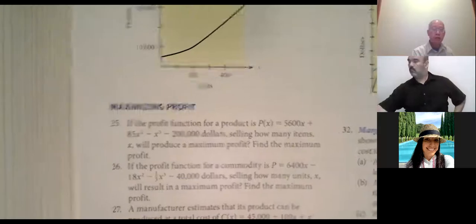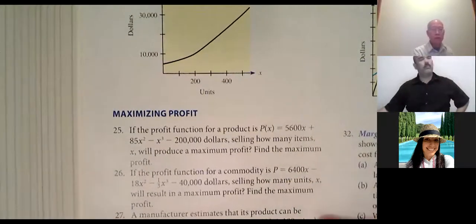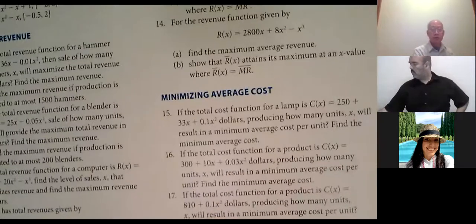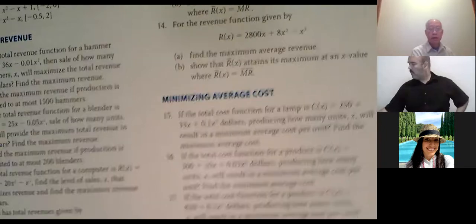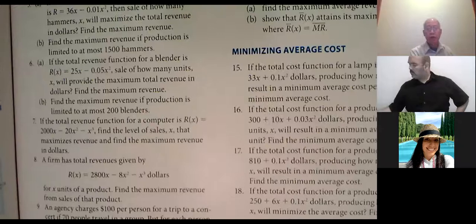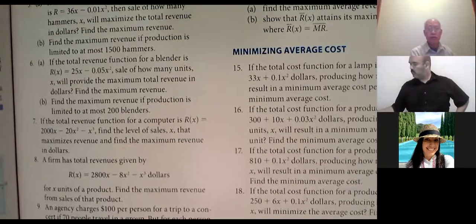So what do you normally want to maximize? Well, profit, revenue. You want to minimize cost or minimize average cost, right? And you see the word problems that are there, but essentially there's going to be some function, and from that function you want to maximize or minimize.